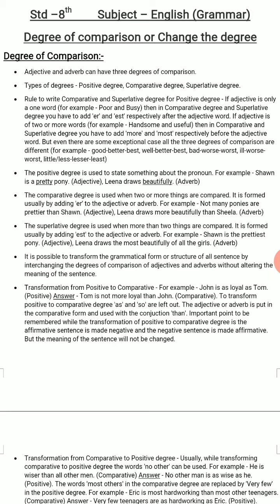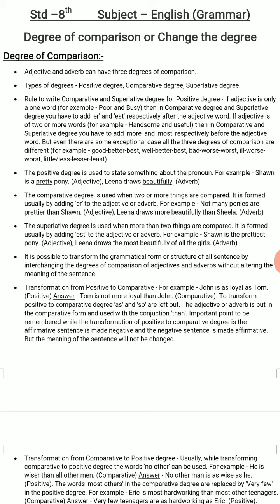Then in the comparative degree and superlative degree, you have to add more and most respectively before the adjective word. So if handsome is given in the positive degree, you write more handsome in the comparative degree and most handsome in the superlative degree.